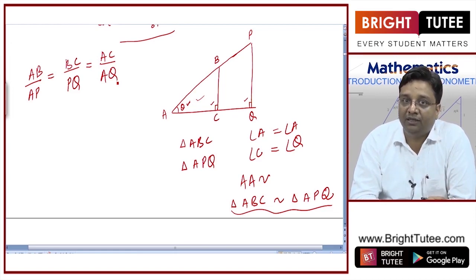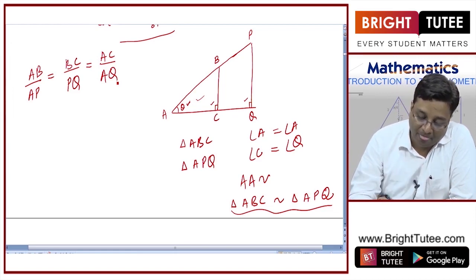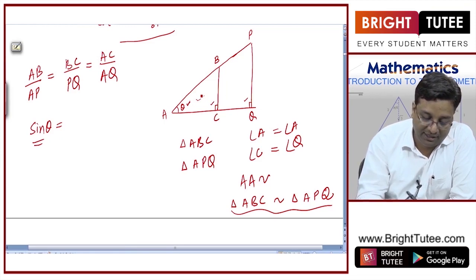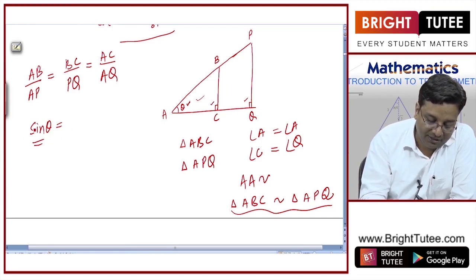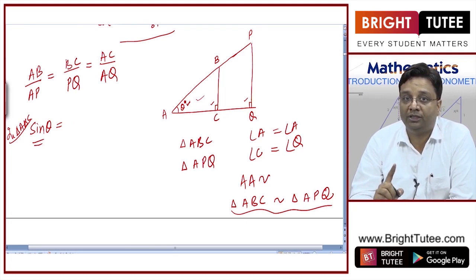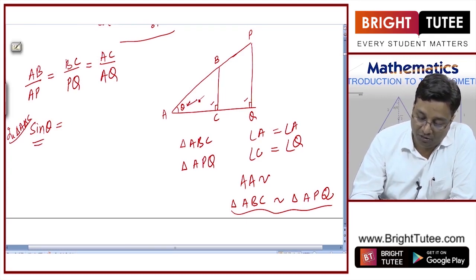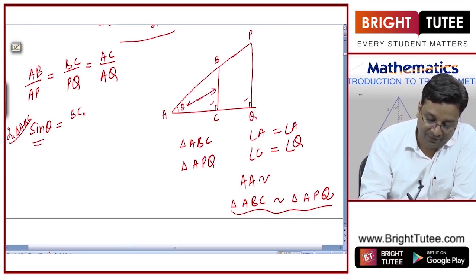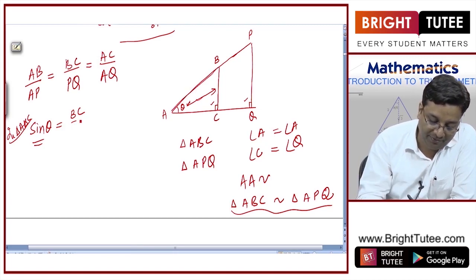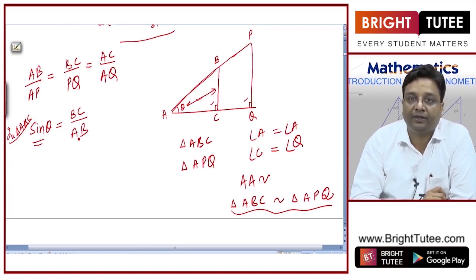If these ratios are equal, then let us talk about sine of theta. What is sine of theta in triangle ABC? Sine of theta, sine, so opposite by hypotenuse. So what is opposite? Side BC. What is hypotenuse? Side AB. Right?